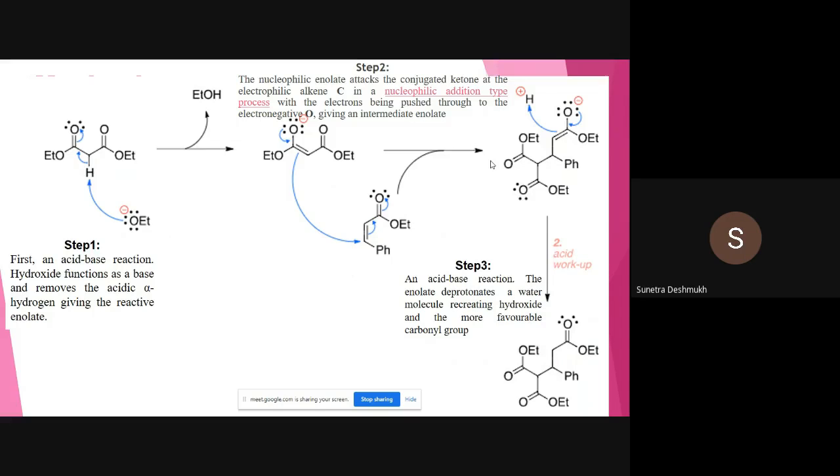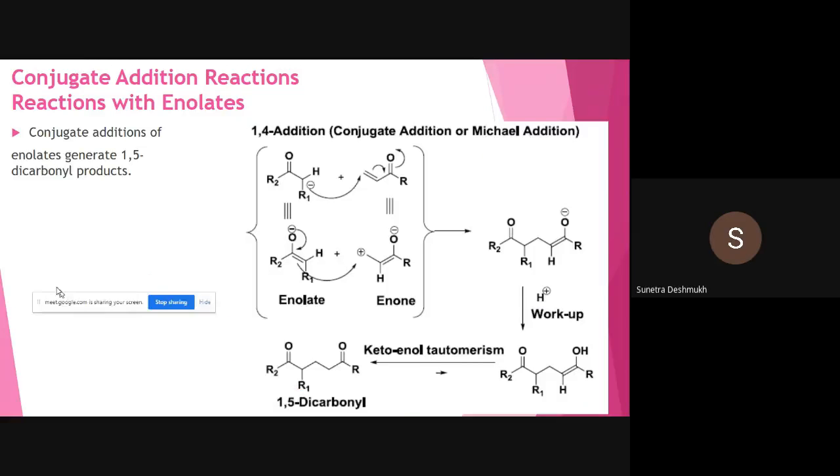examination. Again, I have taken some summary of this Michael addition reaction here: conjugate addition reaction and reactions with enolate. So 1,5 enolate generated from 1,5. How the enolate is generated, which is in tautomerism, I have written here. Another name for Michael addition is the conjugate addition reaction.